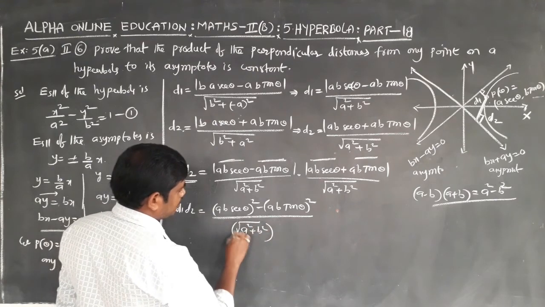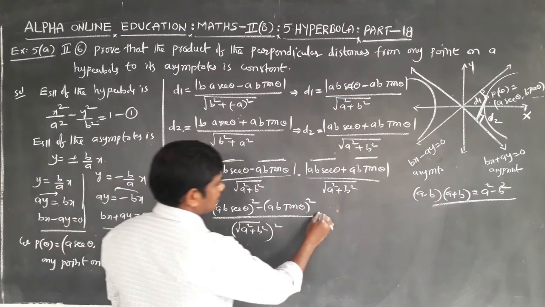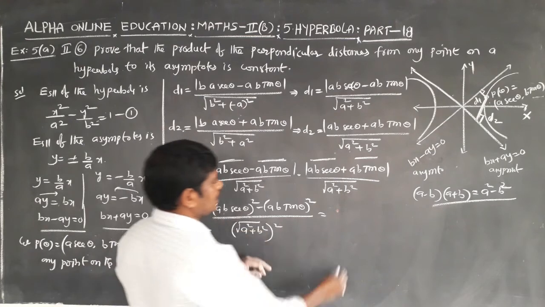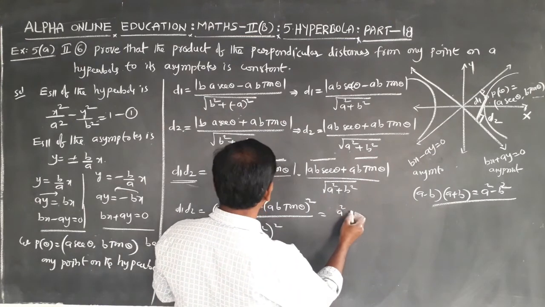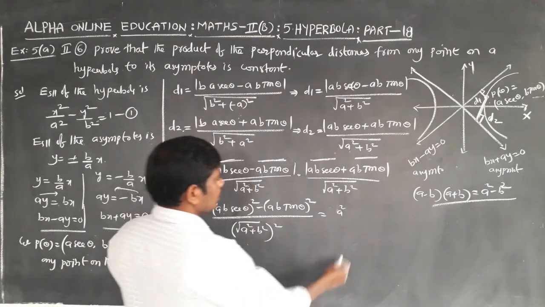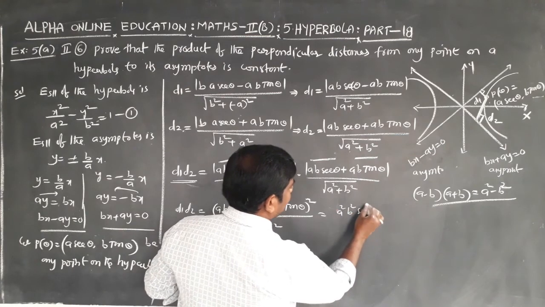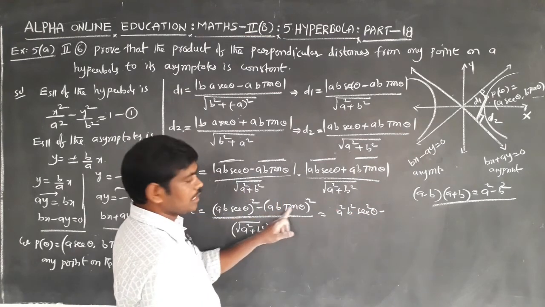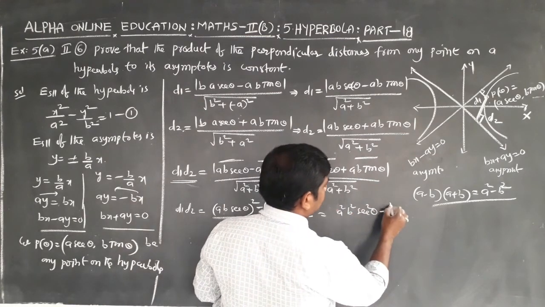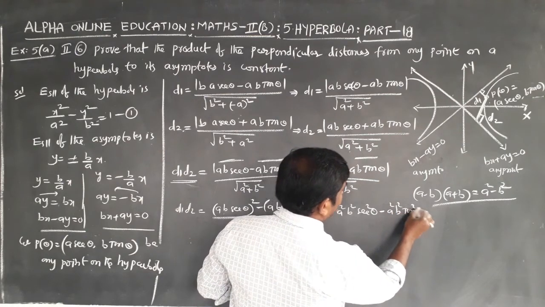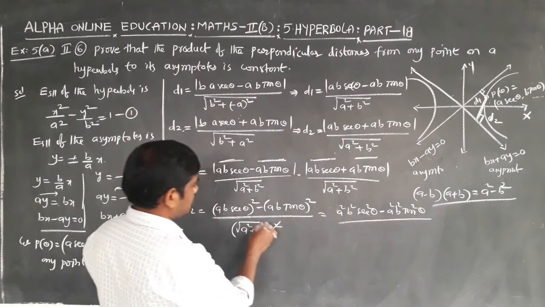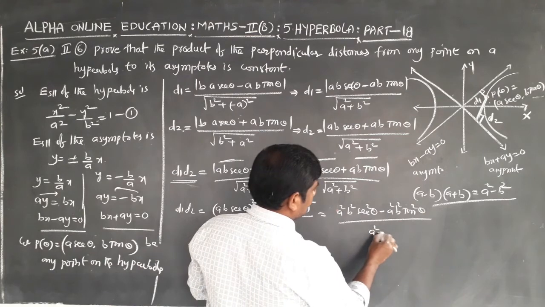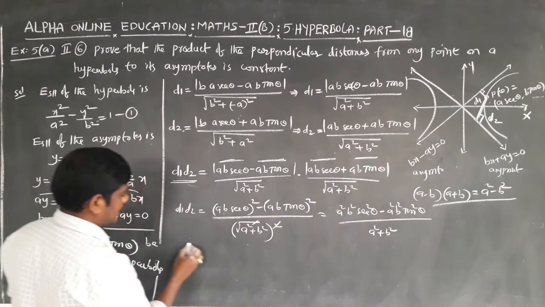Root a square plus b square whole square is a square plus b square. ab secant theta whole square means a square b square secant square theta, and ab tan theta whole square means a square b square tan square theta. The roots cancel with a square plus b square.